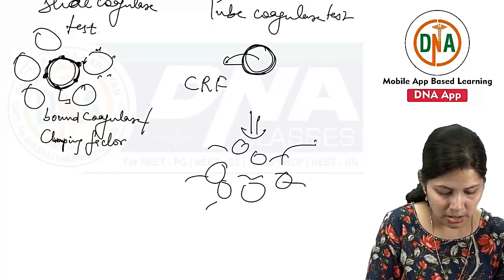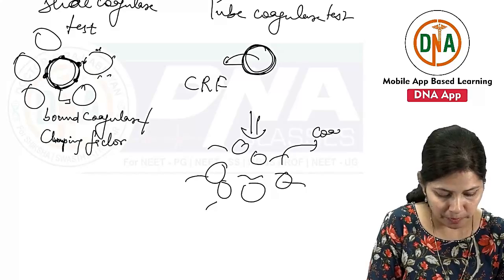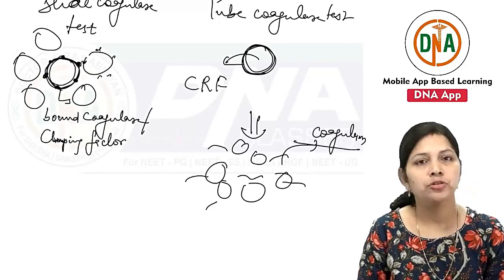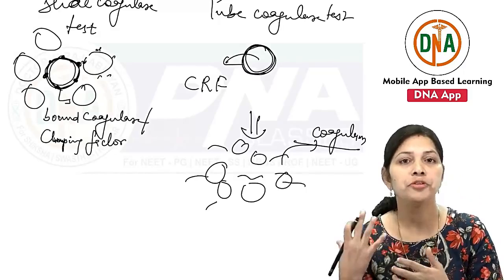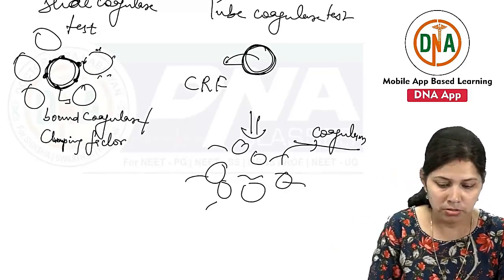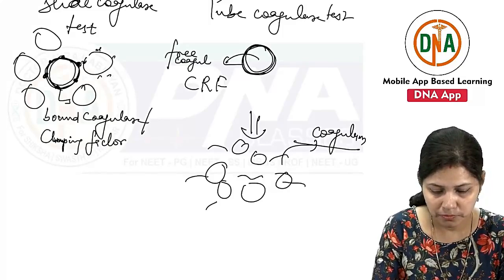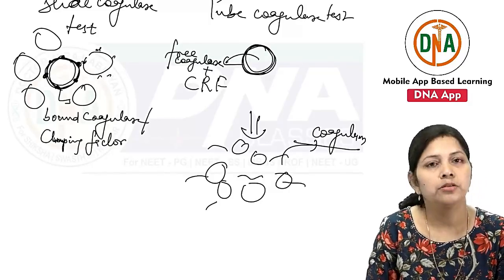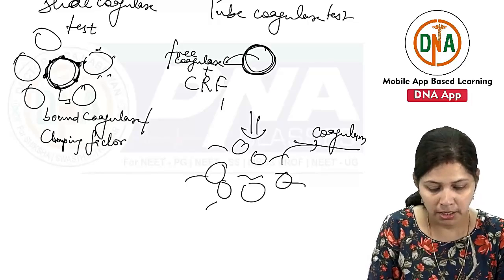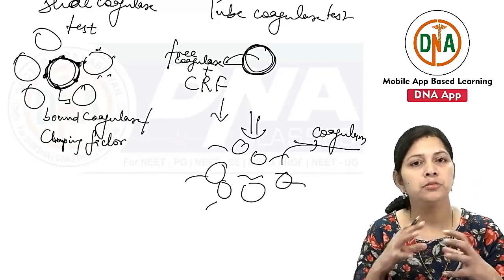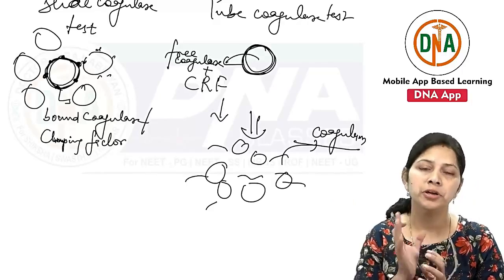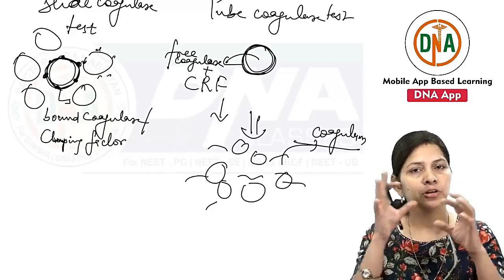So it results in formation of a coagulum because of the tube coagulase or free coagulase. Okay, so free coagulase plus coagulase reacting factor leads to the formation of a coagulum with the fibrin and the organism.